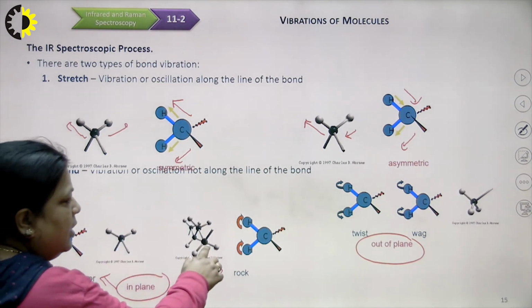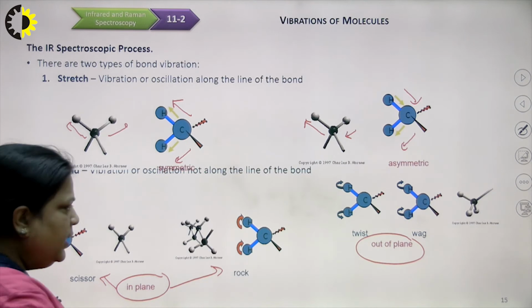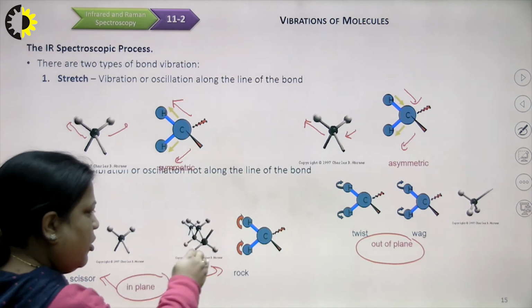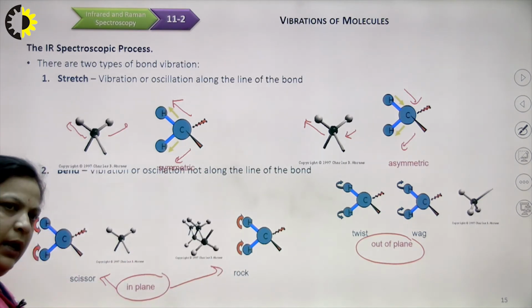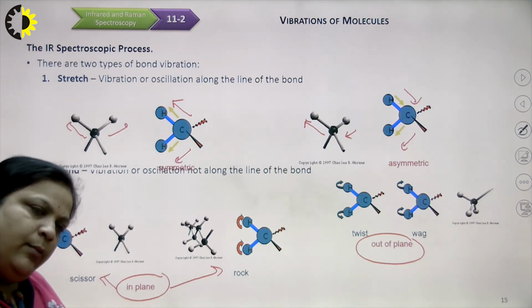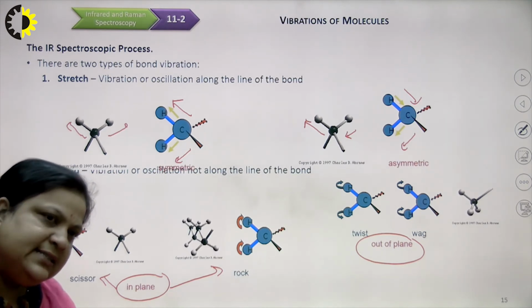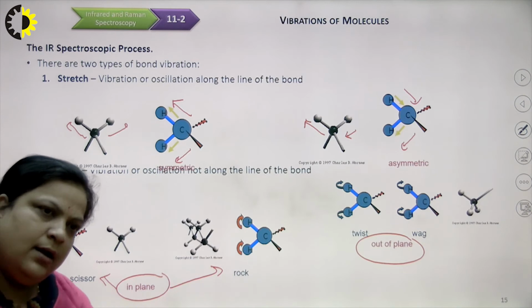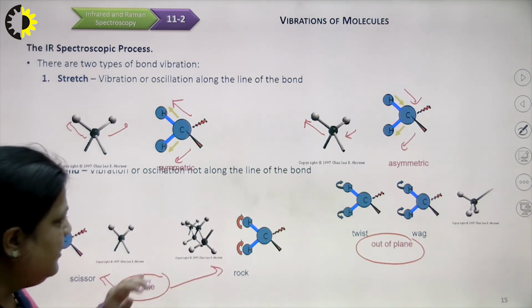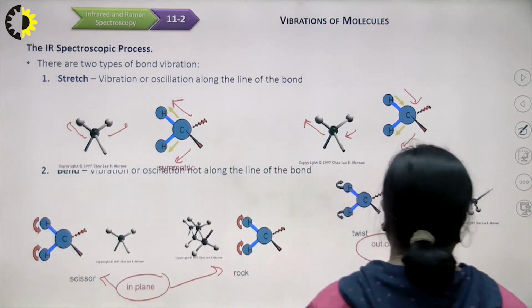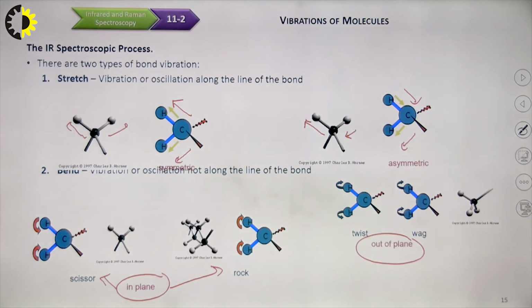Rocking is like a rocking chair, either on this side or this side. So, in plane bending, it can be bent like a scissor or on the same side. Out of plane, it may be twisting or wagging.